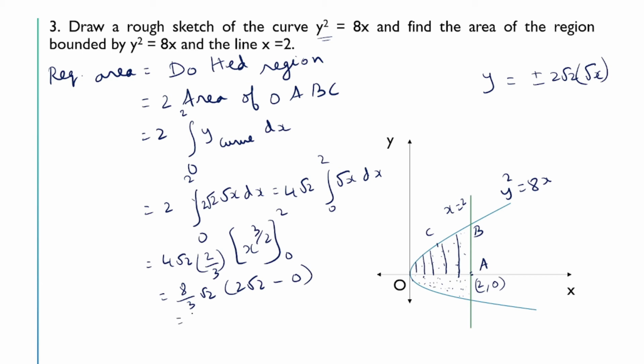Now let us simplify. So here we have 8 into 2 16, 16 into root 2 into root 2 is 2, so 16 into 2 is 32. So this is equal to 32 by 3 square units. So this is the required area.